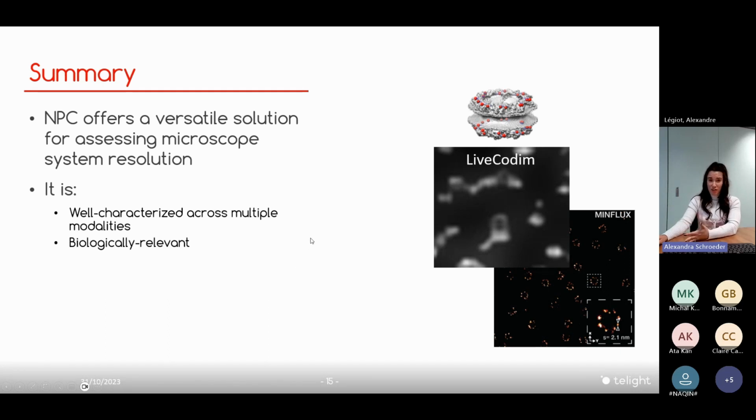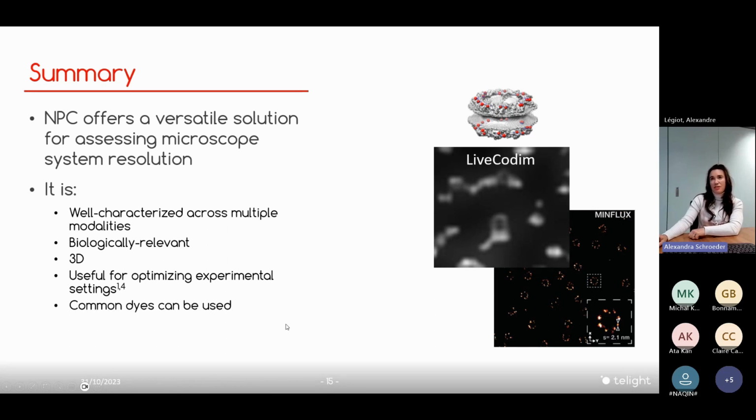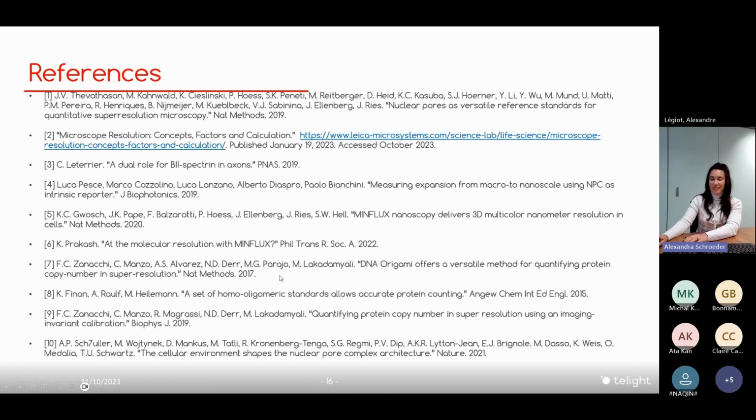It's biologically relevant, playing a huge role in transport. It's a three-dimensional structure, so it can help assess resolution not only in 2D but also in 3D, and allow one to characterize other super resolution systems that are pushing ever closer to the nanometric limit. It's also useful for optimizing experimental settings, and common dyes can be used to image it.